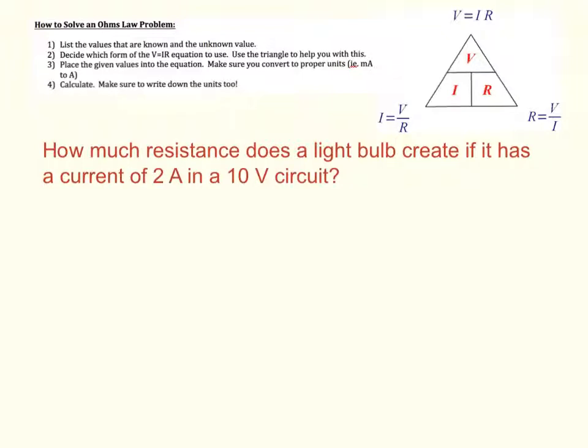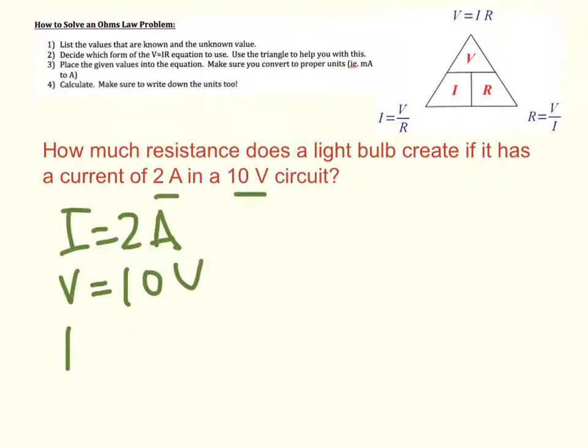Let's do another practice problem. This problem asks us how much resistance does a light bulb create if it has a current of 2 amps in a 10 volt circuit? First we're going to list the values that are known and our unknown value. We've been given 2 values. First off, we have a current of 2 amps and we have a voltage of 10 volts. Resistance is our unknown.